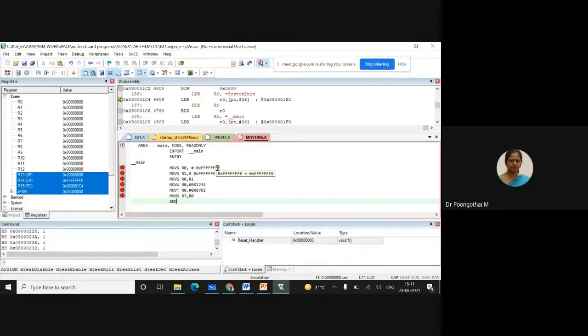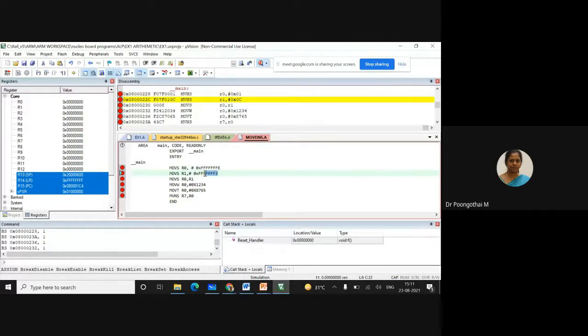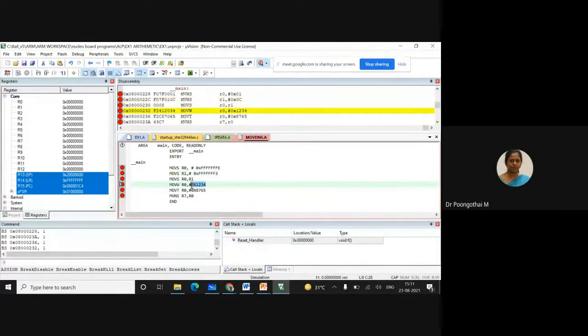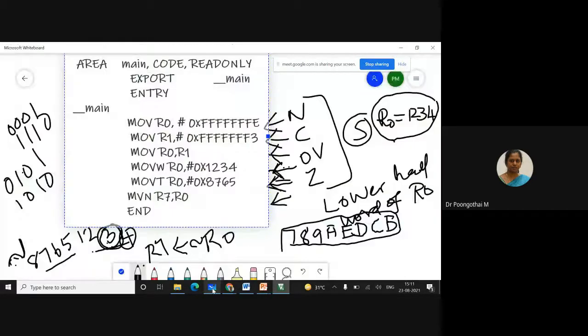So according to this instruction, is this 32-bit value a positive number or a negative number? Negative number. And this one? Negative number. Okay, this one? Positive number. And this one? Positive. And this value, 789AEDCB? Positive number.